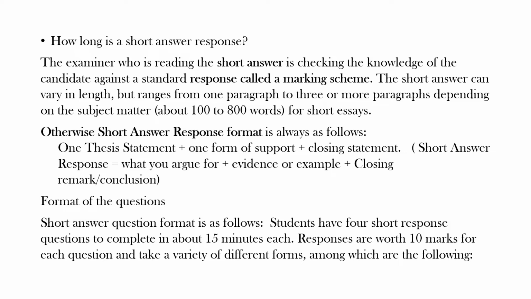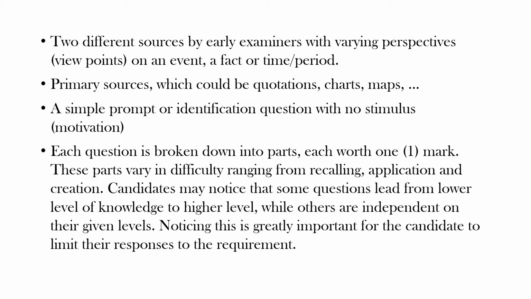Responses are worth 10 marks for each question and take a variety of different forms, among which are the following: 2 different sources by early examiners with varying perspectives, that is, viewpoints on an event, a fact, or a time or period; primary sources, which could be quotations, charts, maps, and so on; a simple prompt or identification question with no stimulus, that is, no motivation.